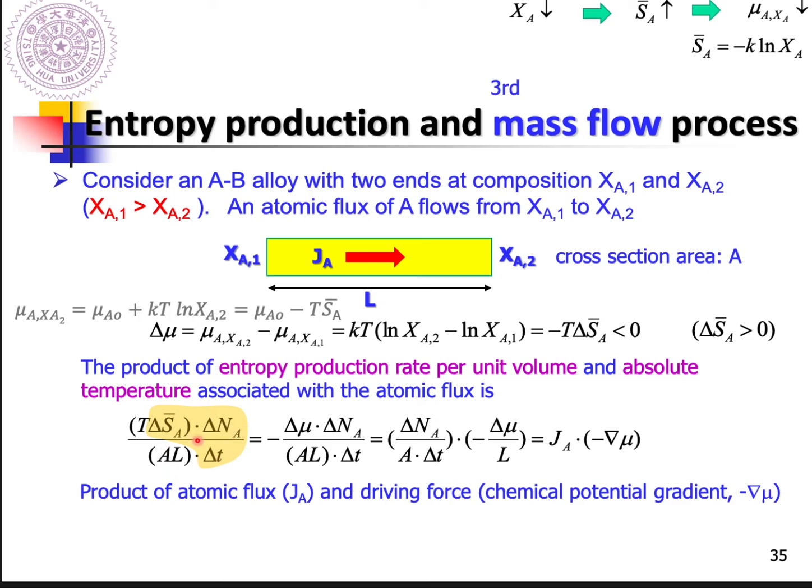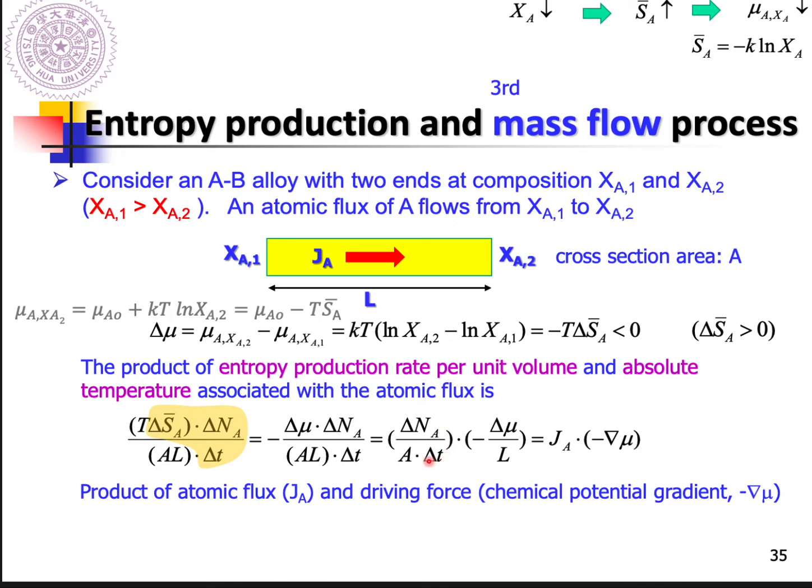Also, this term minus this term is a delta mu, right? So T delta SA bar is minus delta mu, and we leave the rest of the terms and just try to separate them. Delta mu and L we put together, and this one we grab here. Why?